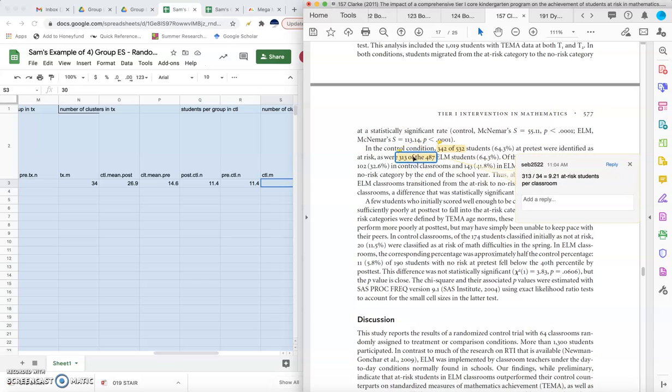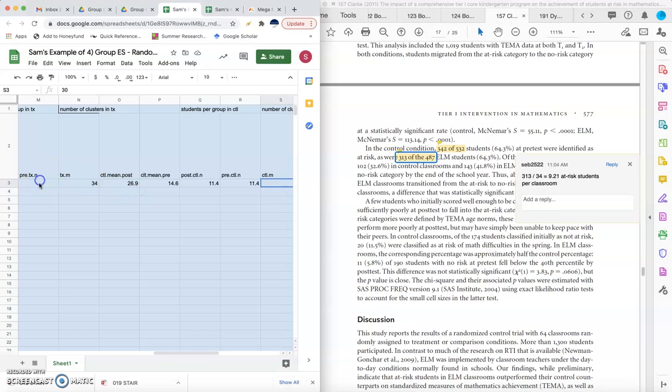And this is for the treatment group, 313 students, and we know they're in 34 different classrooms, so we have 9.21 on average at-risk students per treatment group.